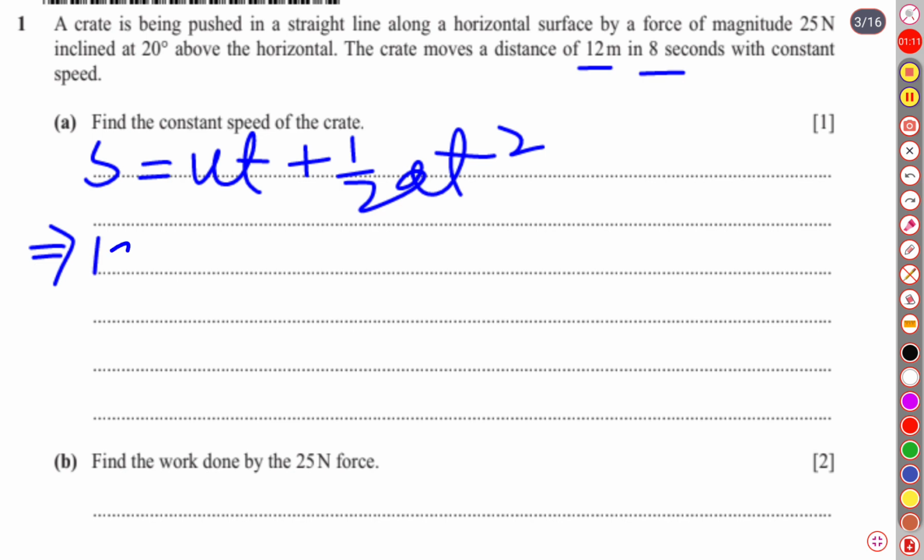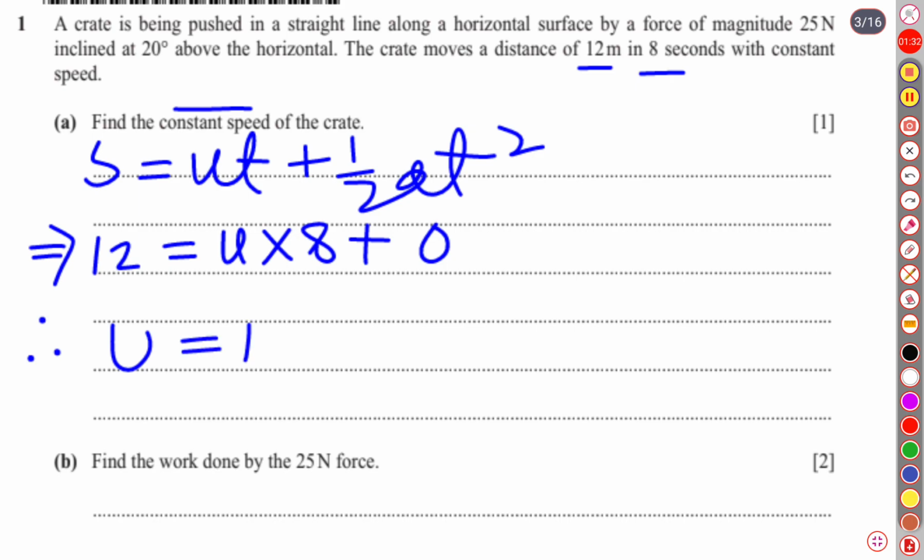So 12 is equal to u into 8, and as there is constant speed, there is no acceleration at all. Finally, if we divide 12 by 8, it is going to be 1.5 meter per second. That is what our answer should be.